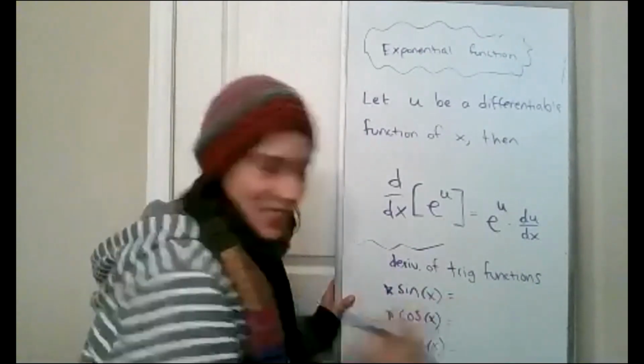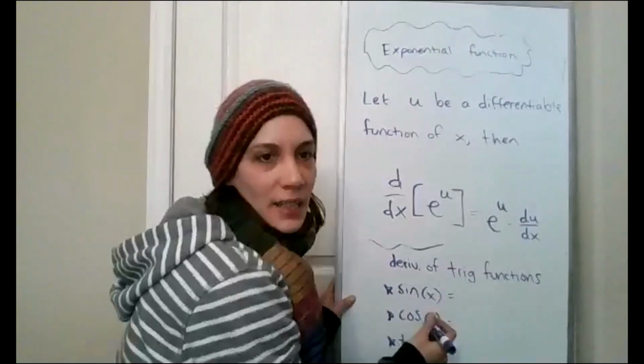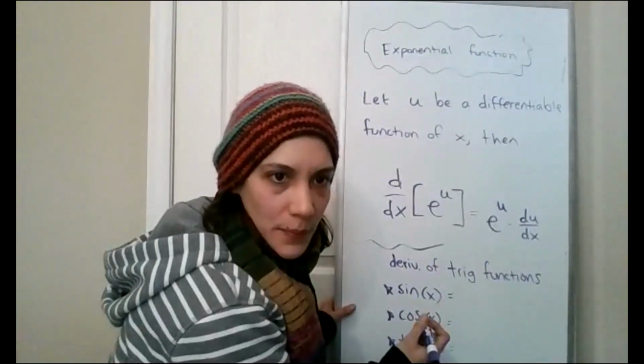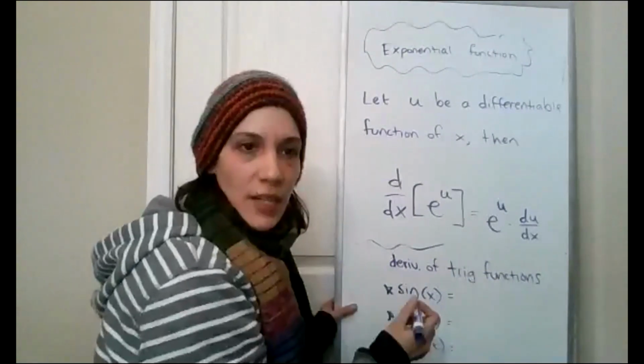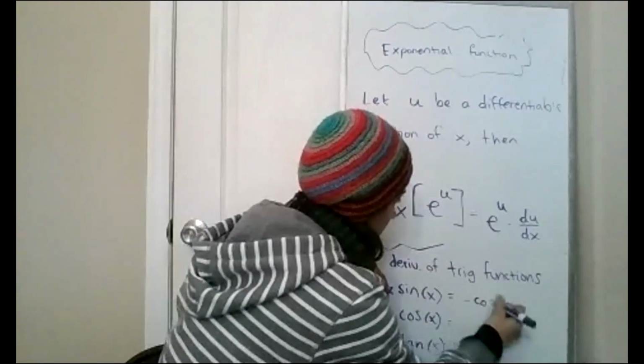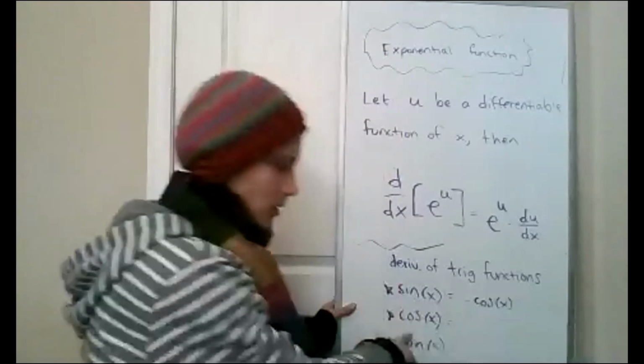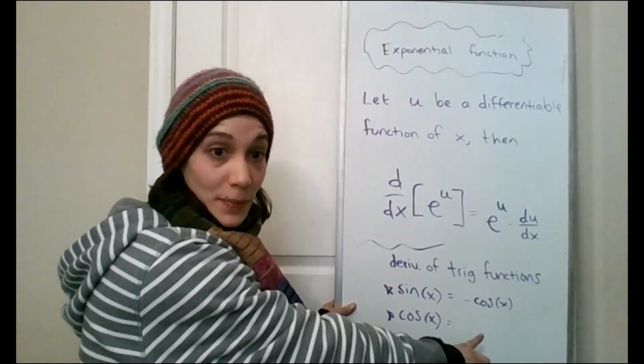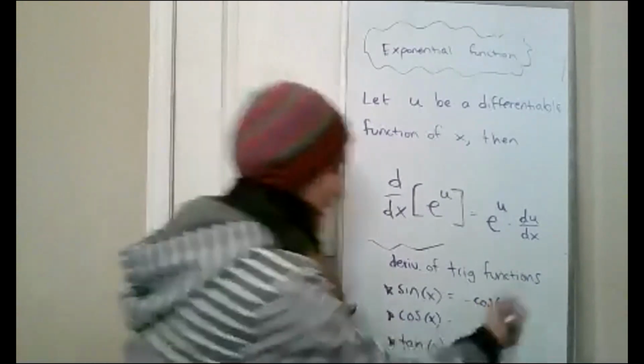Oh, thank you. Nice. Derivative of sine equals cosine. Derivative of cosine of x is negative sine of x.